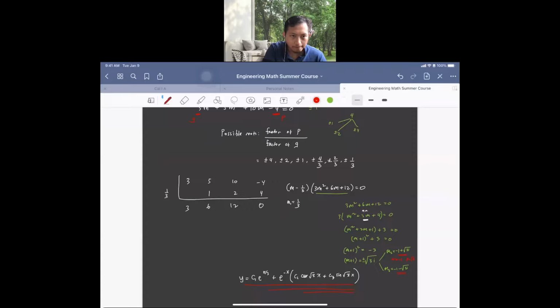Okay, let me check. Okay, I think we can move to, we can call this how to solve non-homogeneous differential equations if we have at least second order or higher.